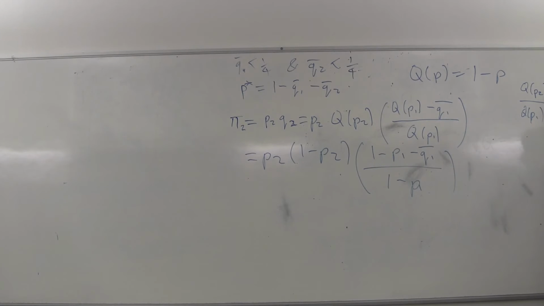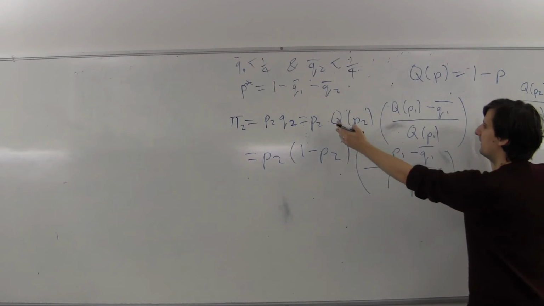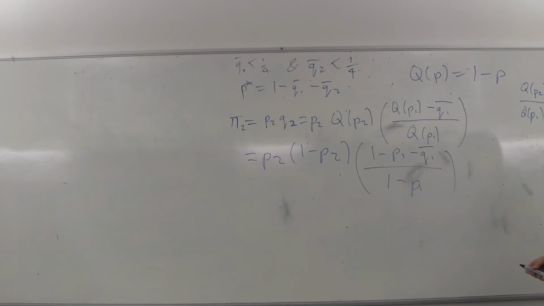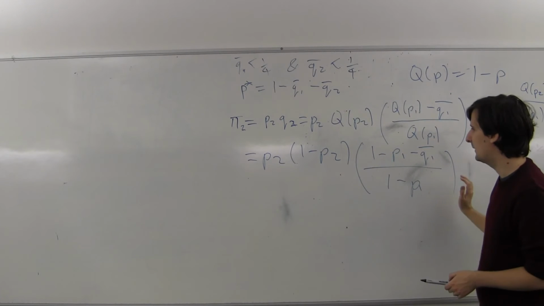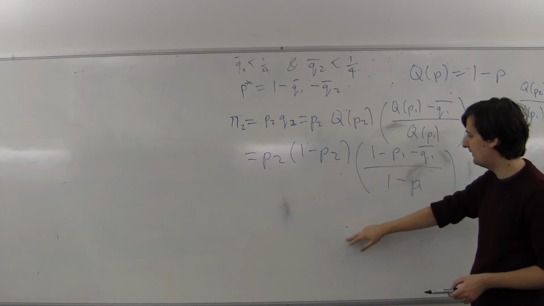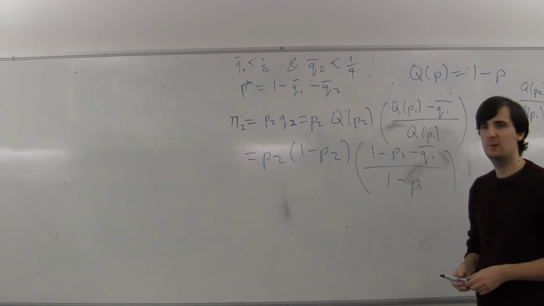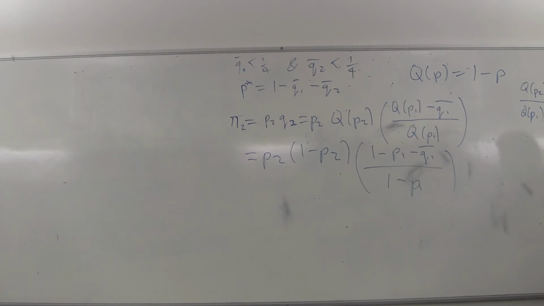So they have this probability of being prepared to buy at a higher price. This was what we talked about in the lecture. This thing here is a residual market. Then we just substitute it in: capital Q is 1 minus P, and we get this expression. Now we have an expression in terms of P2, and we can maximize this.